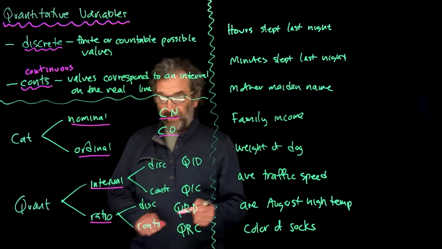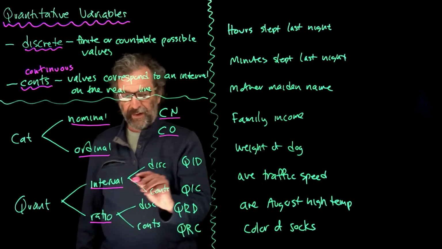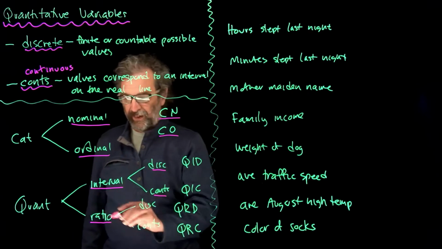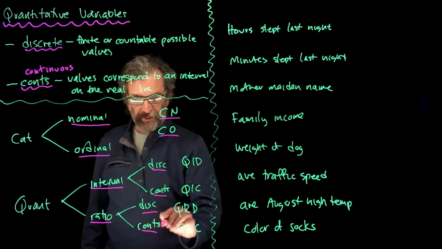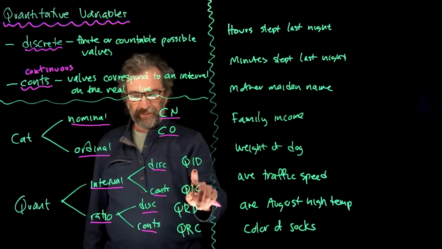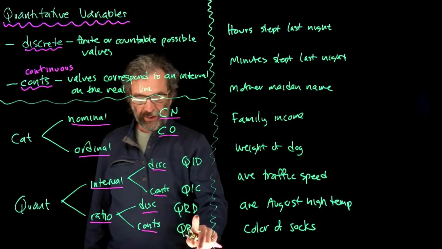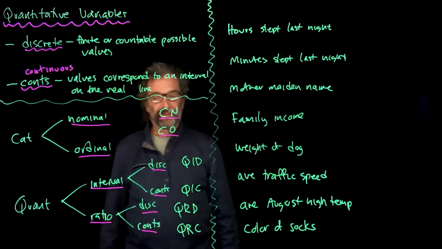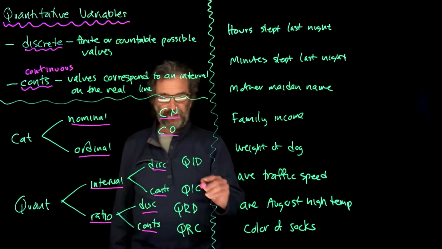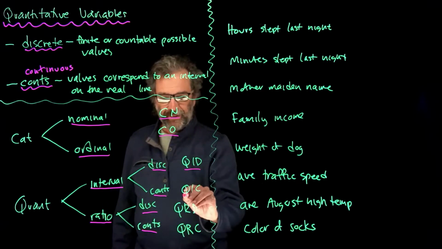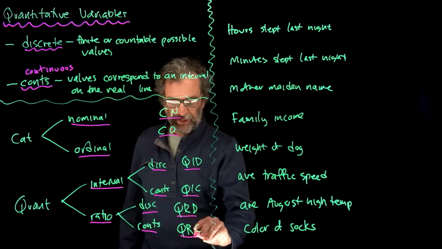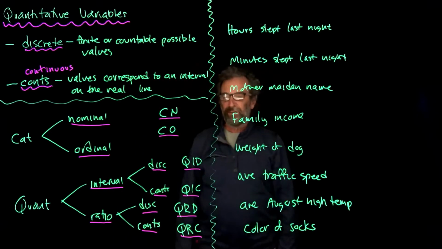And then, once you know it's quantitative interval, it could be discrete or continuous, and quantitative ratio could be discrete or continuous. So I have QID, quantitative interval discrete, quantitative interval continuous, quantitative ratio discrete, quantitative ratio continuous. Okay, so that nails down six possible kinds of variables that we might run into.